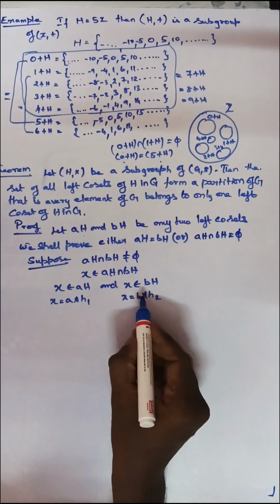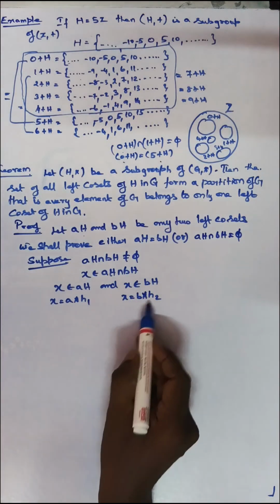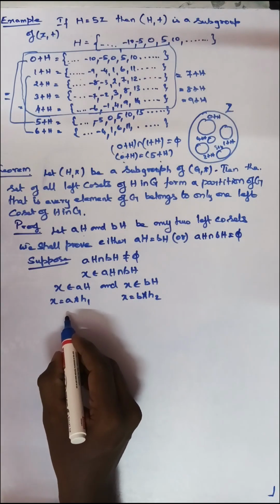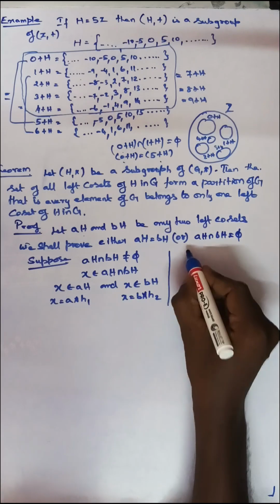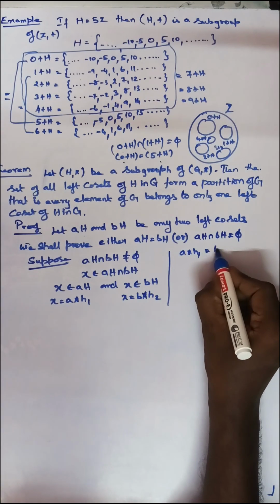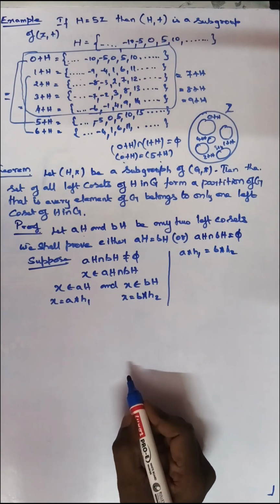Both are equal, no? X equals this one and X equals this one. So I can write A star H1 is equivalent to B star H2.